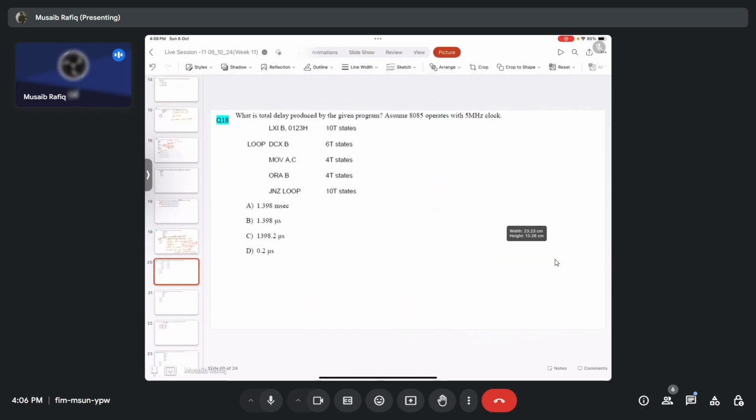Then I have this question. What is the total delay given by the program? Assume 8085 operates with a 5 megahertz clock. Can you guys do it? I'll just wait for a couple of minutes. It should not take more than that.